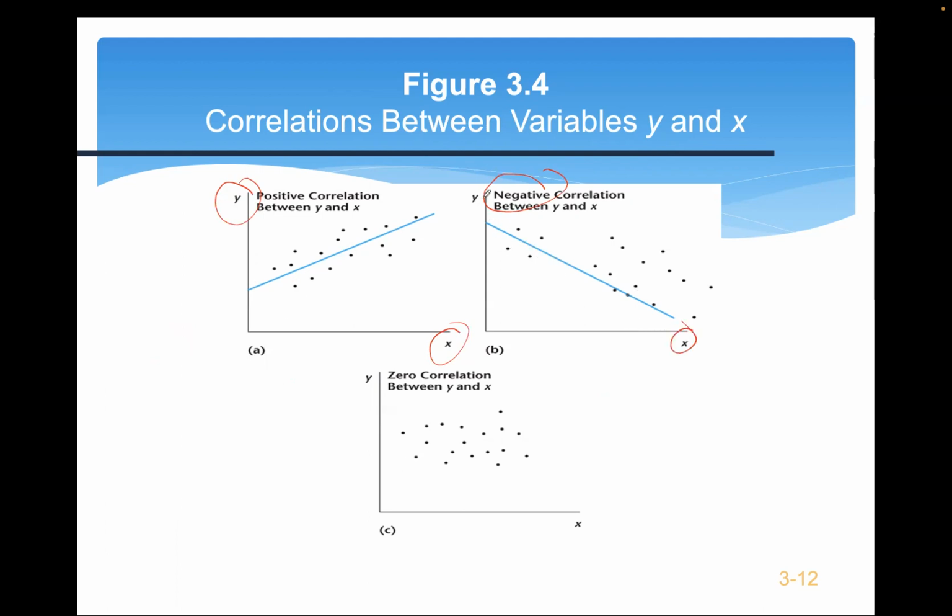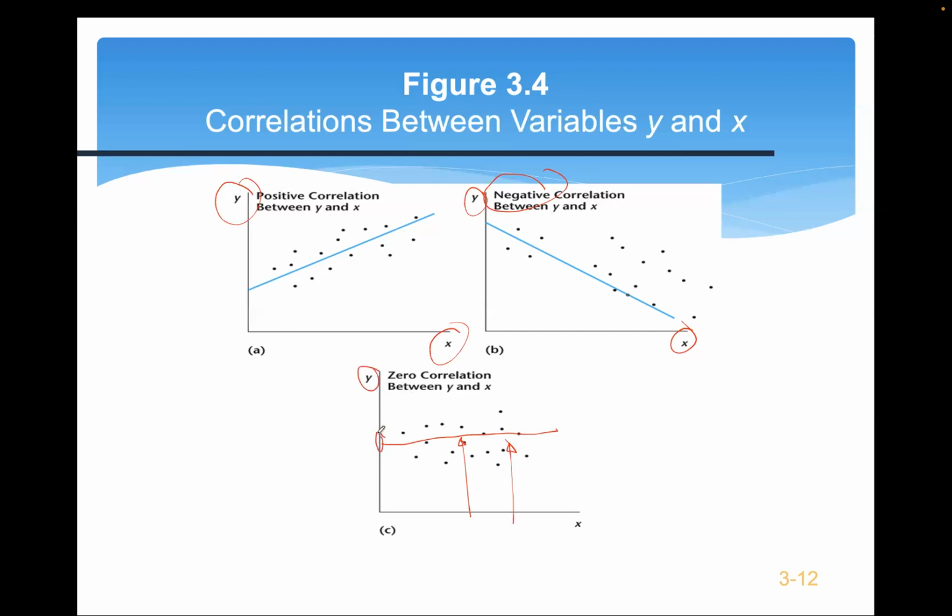And finally, it could be the case that they are not correlated. You can say, okay, this is a horizontal line, but what this means is X changes, right? So it's going to have no impact on Y.